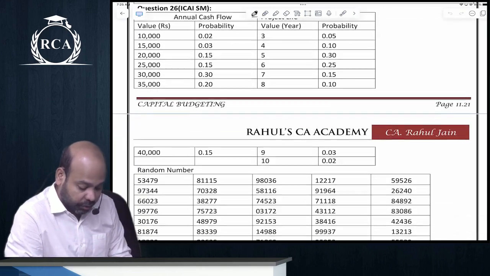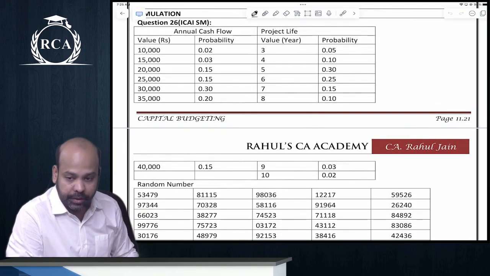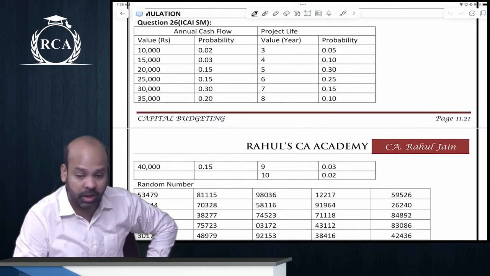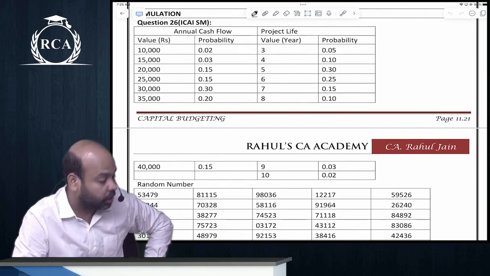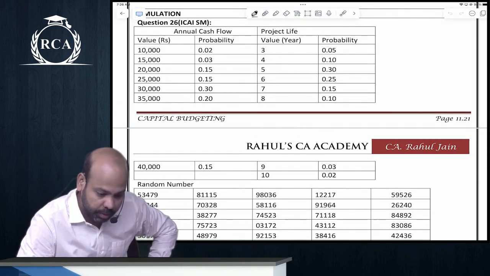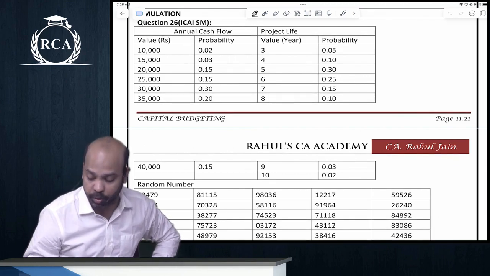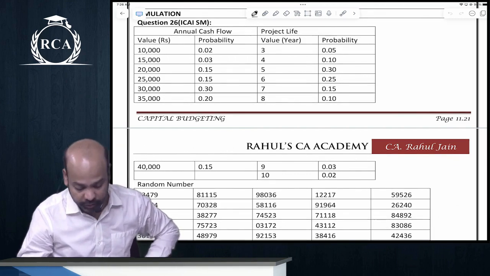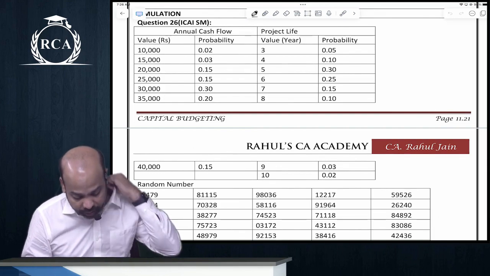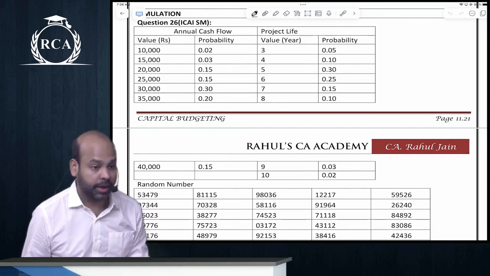We will just write down few values after this. ठीक है? Annual cash flow, they've given us that values can range from 10,000 rupees to 40,000 rupees. Probability is 0.02 to 0.15. एक का probability 0.02, 0.03, 0.15, so on till 0.15.